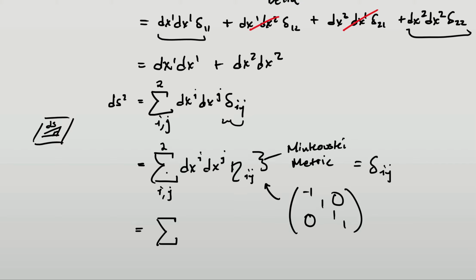All right, so everything here is 0. When we actually do this multiplication out with this matrix, we recover this again. But this is a very specific case. This is a specific case for flat space. So this is ds in flat space.